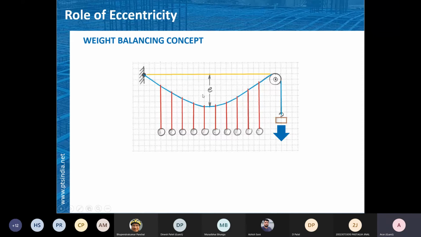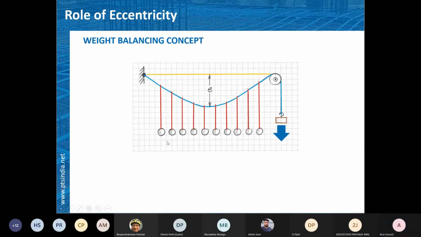The weight is there, with a certain amount of eccentricity E. If we need to reduce this eccentricity, because more eccentricity needs more depth, so if we are required to squeeze the depth, we need to reduce this eccentricity.